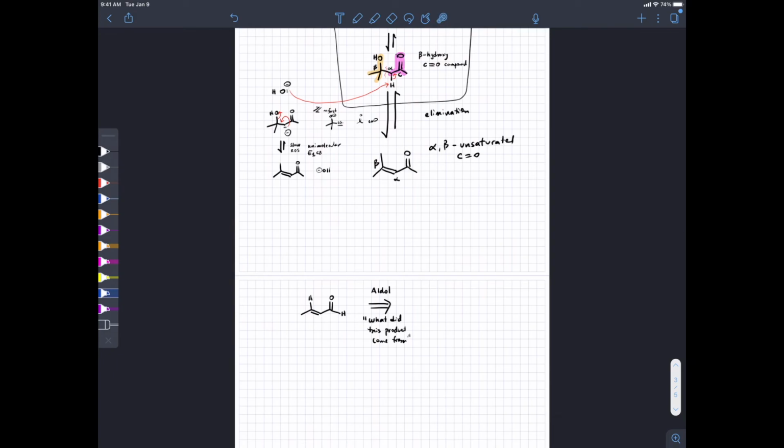If you want, you can think back one intermediate step. Remember that the alpha beta unsaturated carbonyl compound came from the beta hydroxy compound. Oh man, I'm erasing things instead of using a pointer. So what would the corresponding beta hydroxy carbonyl compound be?